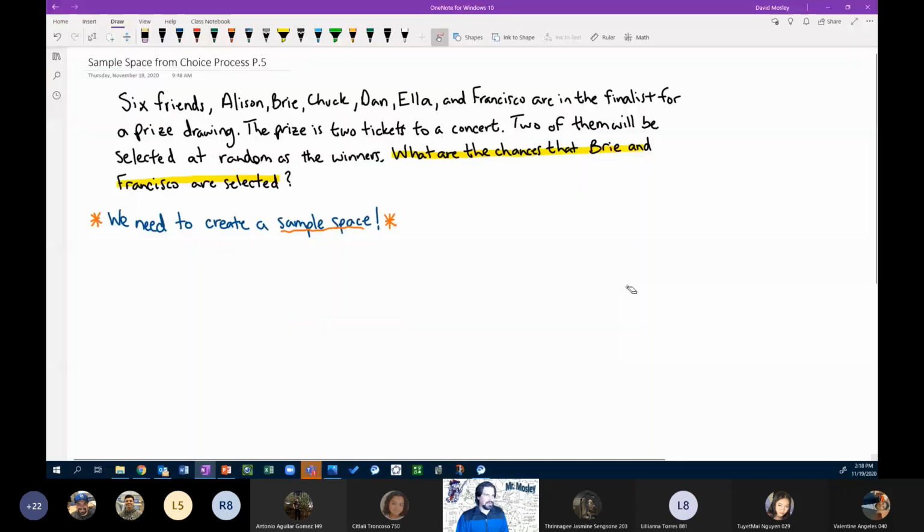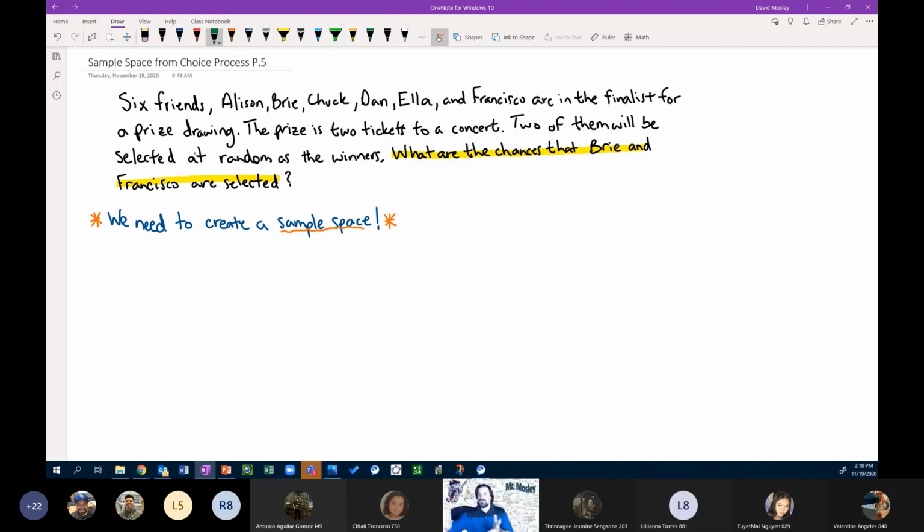All right. So now this one's a little bit different, which is why I'm showing it here. And the section of the textbook that this should have been in, I didn't see it, so that's why I'm doing my own example here. So we need to create a sample space from a choice process where we're randomly selecting two, in this case, 2 things out of a set of 6.